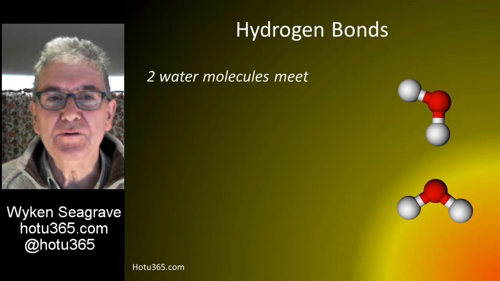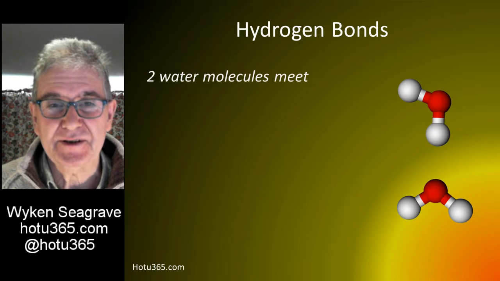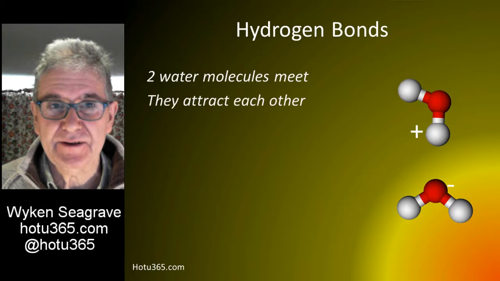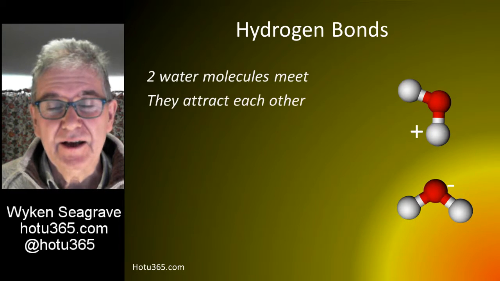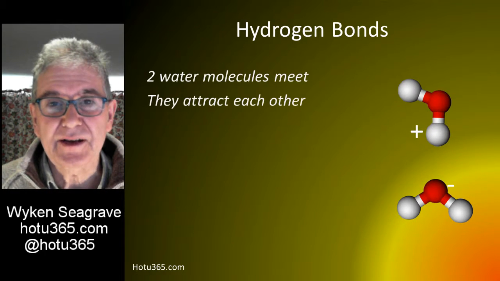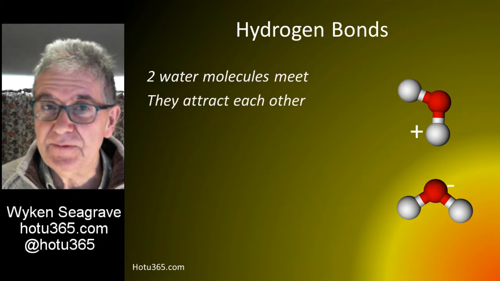So when 2 water molecules meet, for example on the surface of a grain of stardust, they attract each other. The positive charge on one of the hydrogen atoms can be attracted to the negative charge on an oxygen atom in a different molecule.